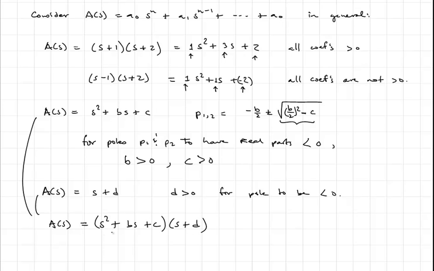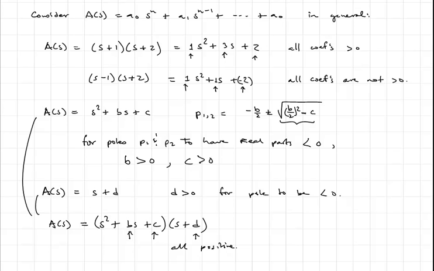Well, if b and c and d are all positive, and these are required for the roots associated with each of these terms to have negative real parts, then the expanded form of the product of these two terms is going to also have coefficients that are only positive.